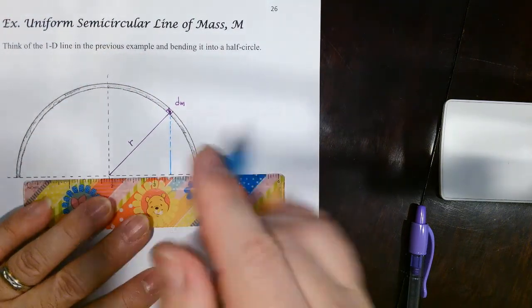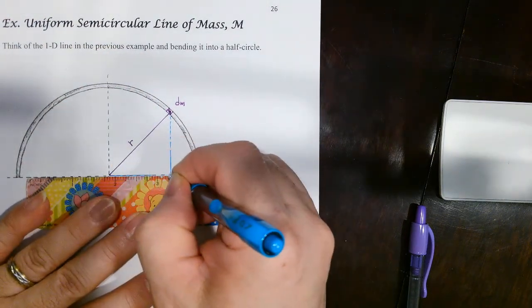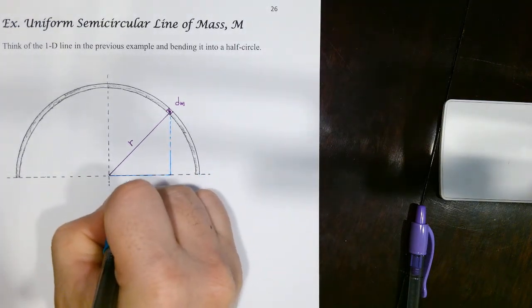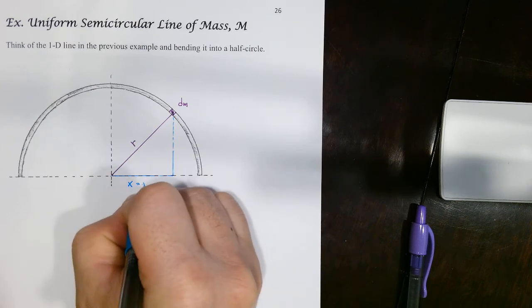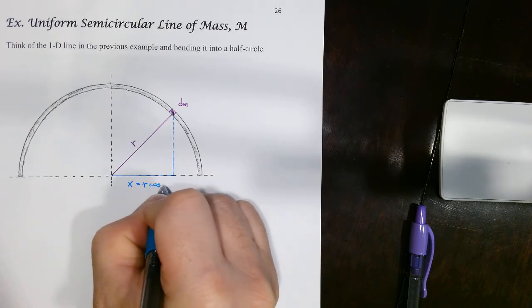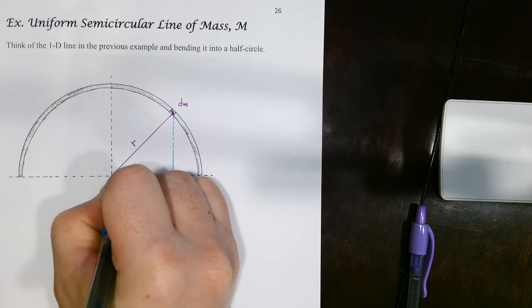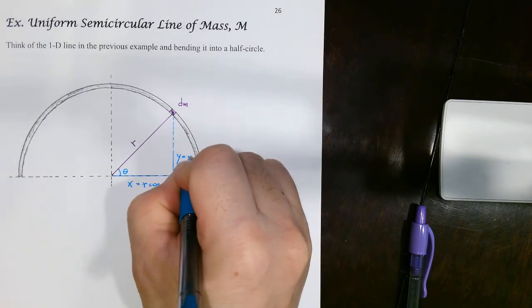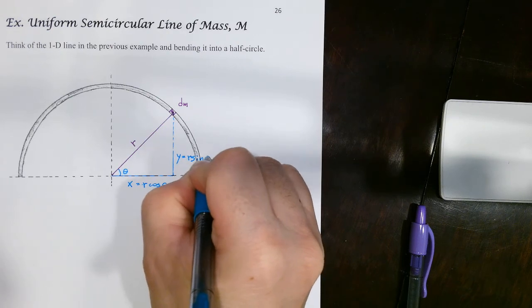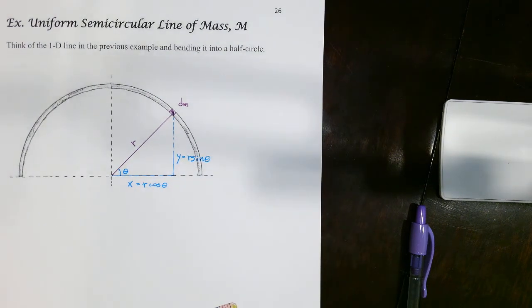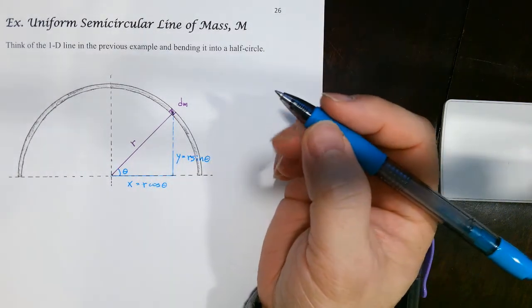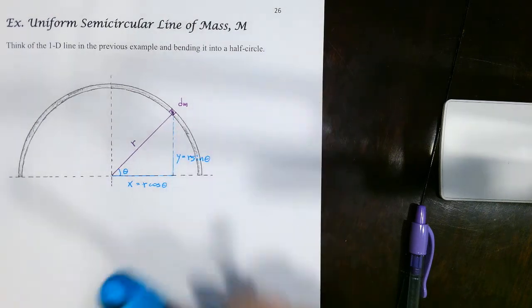So x is equal to r cosine theta, which is theta right here, and y is equal to r sine theta, right? And instead of delta x, it is ds.